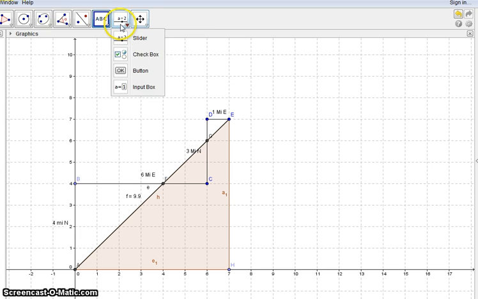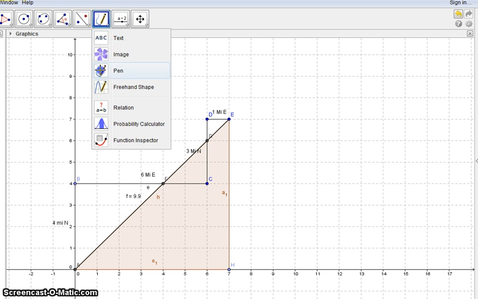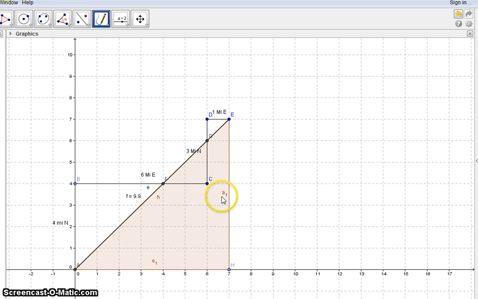And let's see if I can find the pen tool. 1, 2, 3, 4, 5, 6, 7. So using the Pythagorean theorem, a squared plus b squared equals c squared.